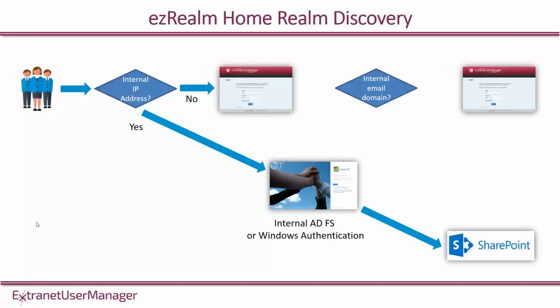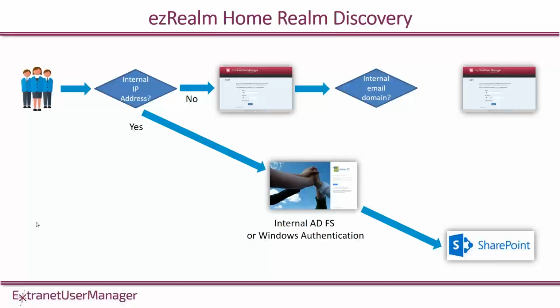So let's say they're coming in from outside though. They're not on one of those internal IP addresses. We have to present a login form. But we still don't know whether that user is an internal or an external user. So there's a couple ways that we can do that. Quite often we put a link on the login form for staff login to let them bypass that and go to the regular staff login. The other way that we do that is based on a lookup of email domains.